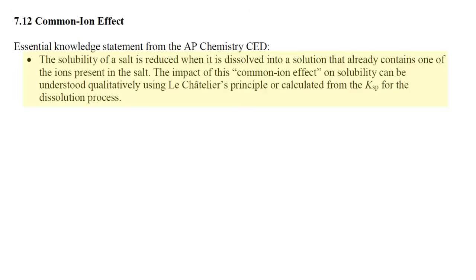That's exactly what's happening in number 7, part C. The impact of this, quote, common ion effect on solubility can be understood qualitatively using Le Chatelier's principle or calculated from the Ksp for the dissolution process.